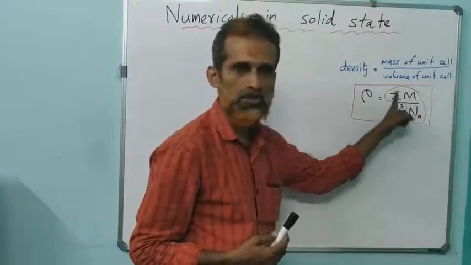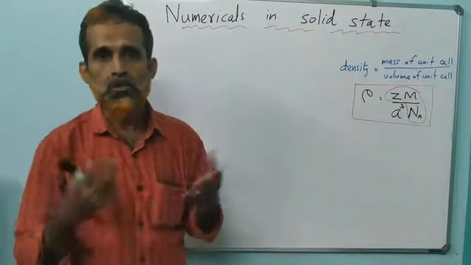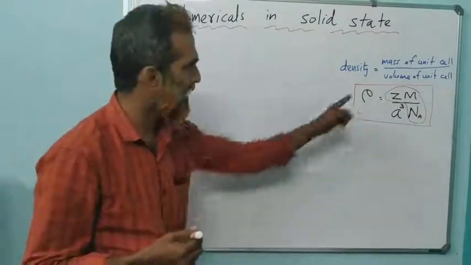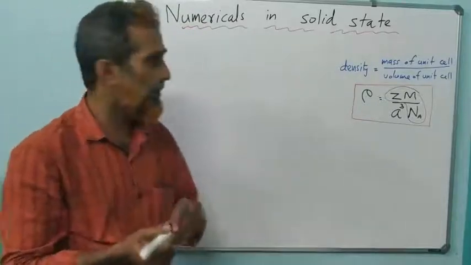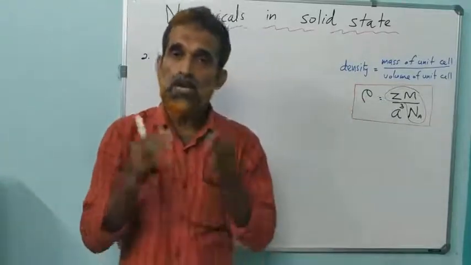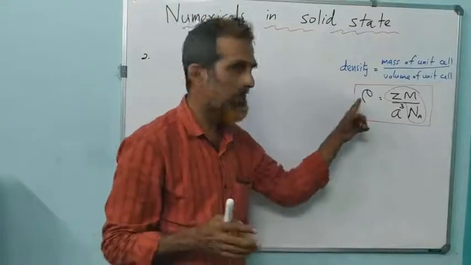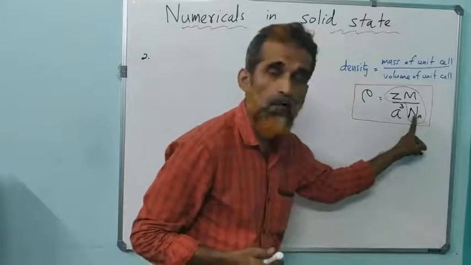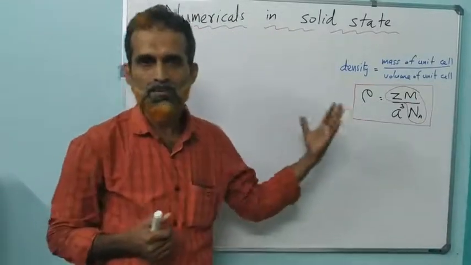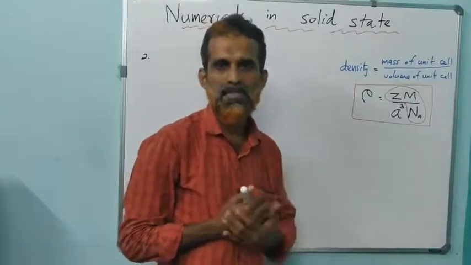Molar mass is also a constant. Z you also get from the XRD studies. You can calculate density. Another important application of this equation is, if you could get the density of the crystal from some other experiments, you can calculate the Avogadro number from these crystal studies, right?